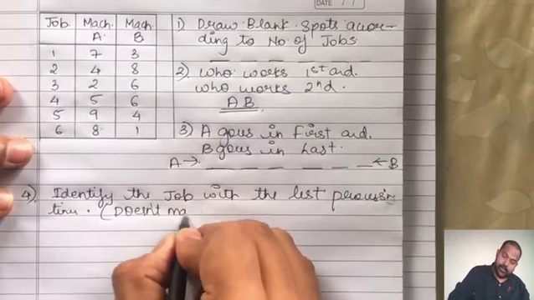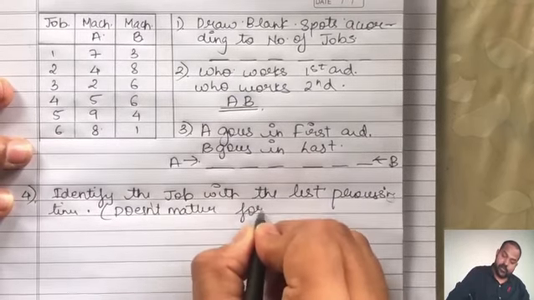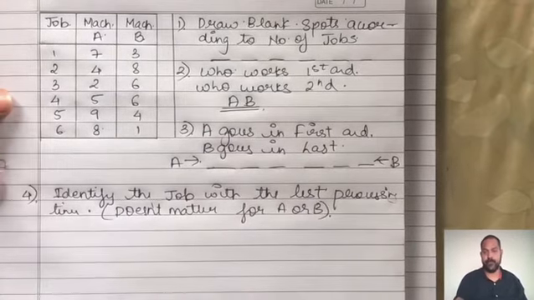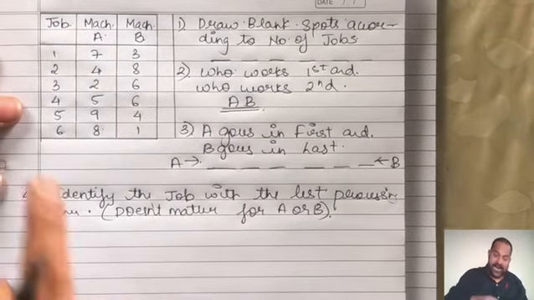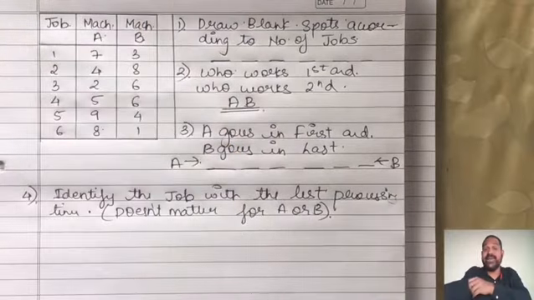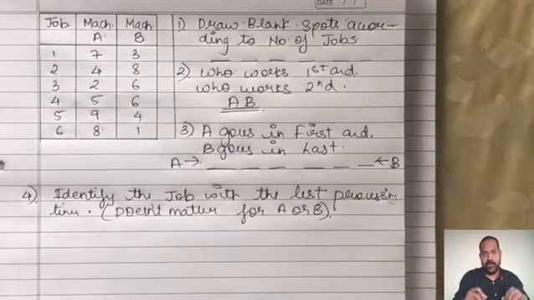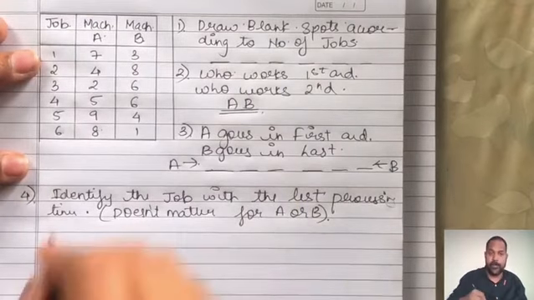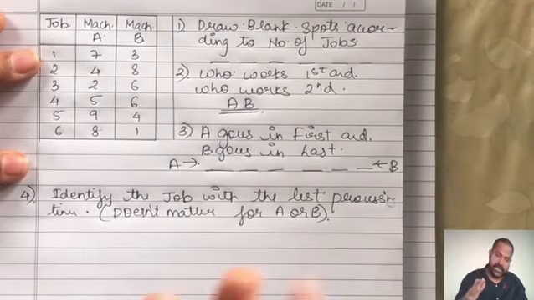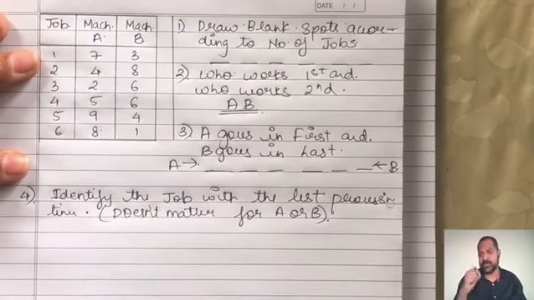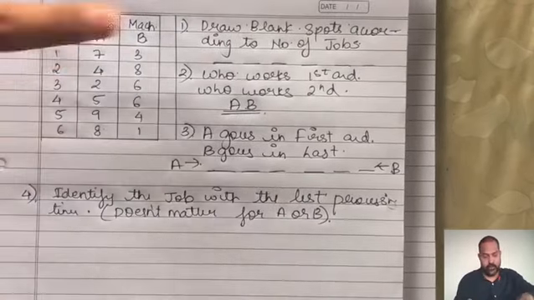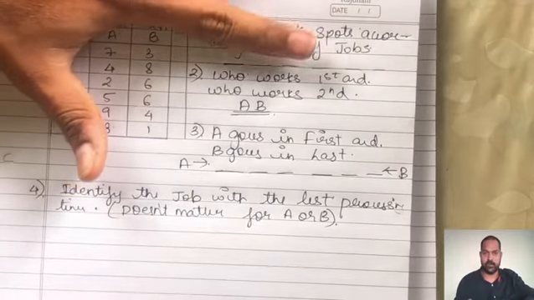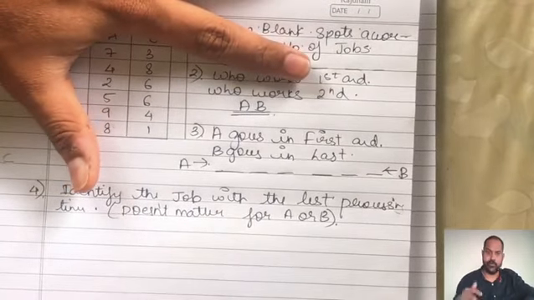It doesn't matter for A or B. So, identify the job with the least processing time. Well, the job with the least processing time, but for whom? For A or B? And it doesn't matter. Any job that has the least processing time anywhere. Or I like to say it, what is the least number in all of this? Well, the least number in all of this is 1.